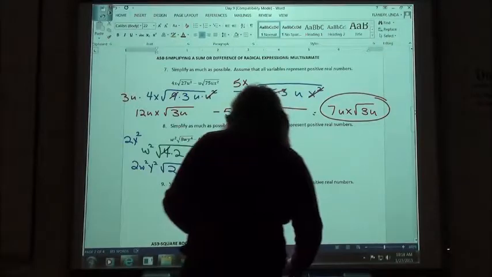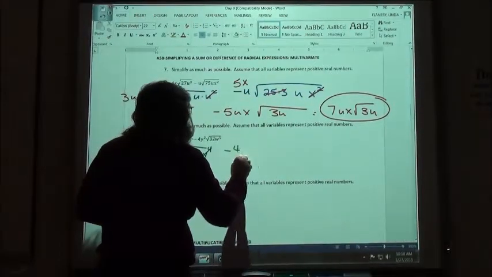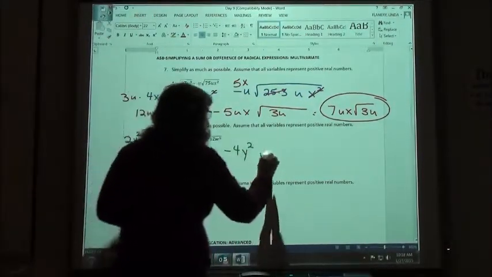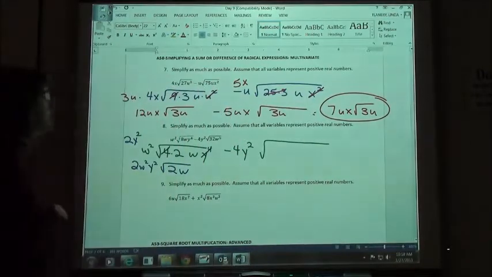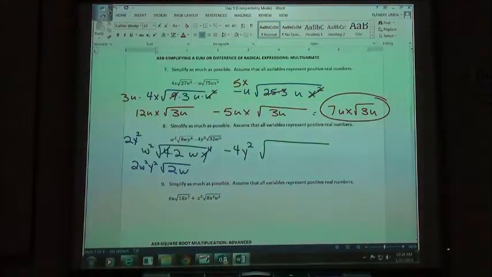Now, on the second part, we've got a minus 4y squared out in front. Then we've got that square root of 32w to the 5th. What's the biggest perfect square that divides into 32? 16 is my better choice, otherwise I've got a big long problem.